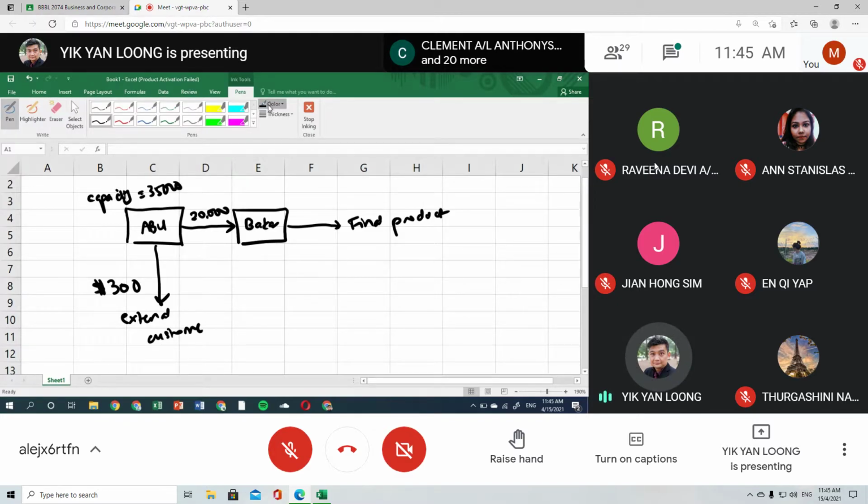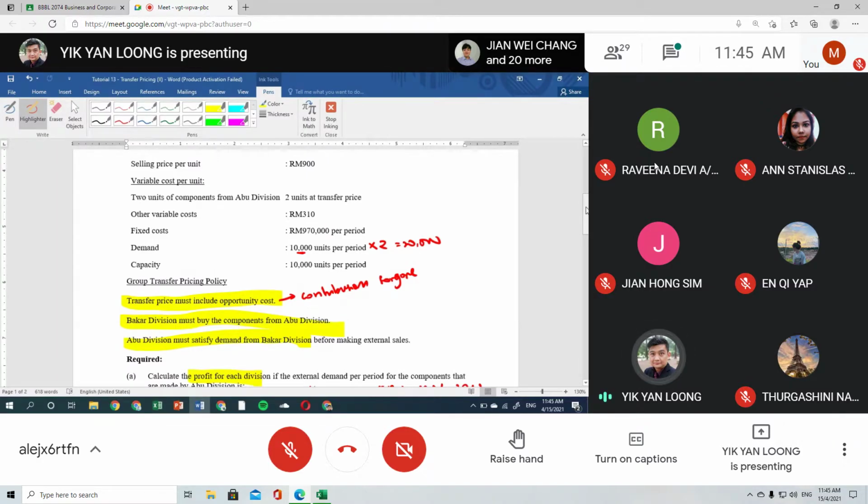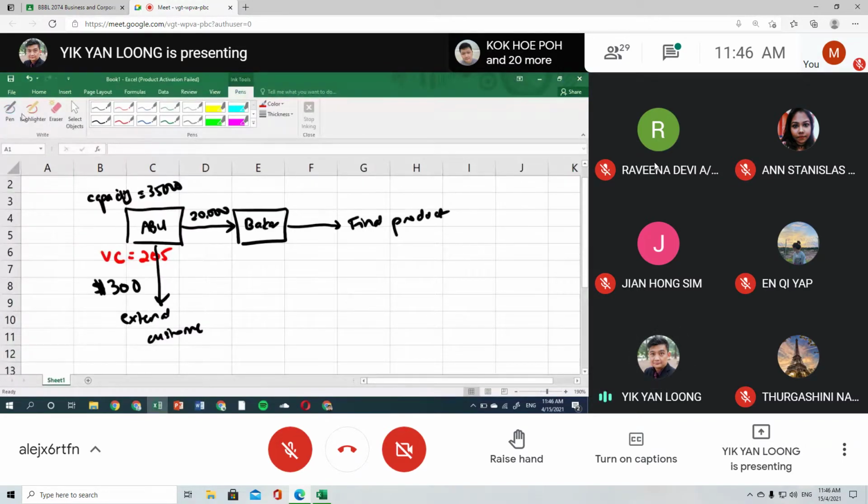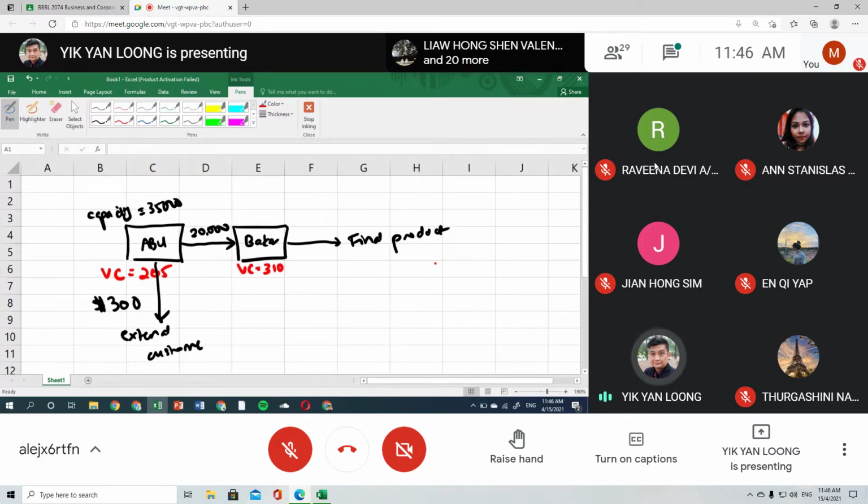Now, variable cost incurred by ABU is 205. Okay. And for Baka, 310 variable cost. Okay, so it's more or less something like this, right?